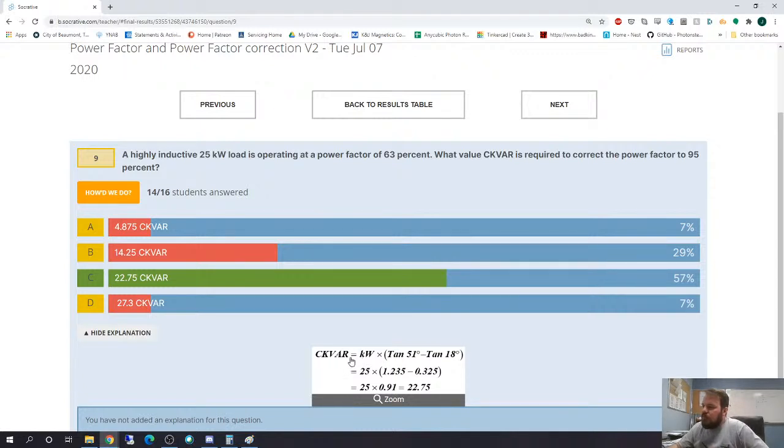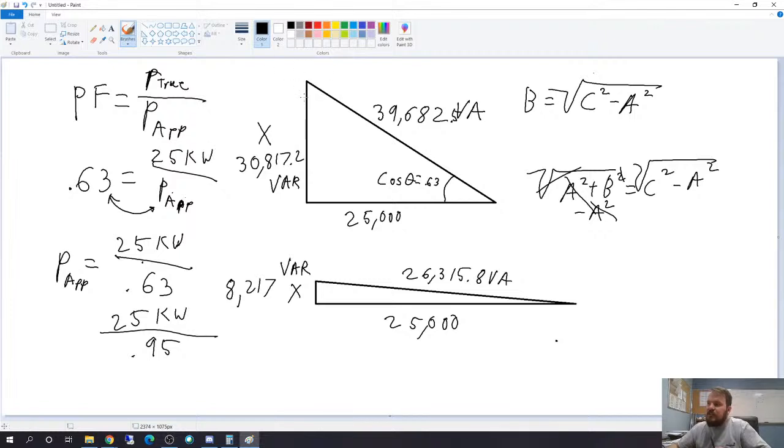Let's compare what we did to theirs. They used tangent. They found the degree that is 63%, and they found the degree that is 95%. They subtracted those two degrees from each other, and they figured out how much of an angle is different between the two, and how much this side would have to change for this angle to be that.